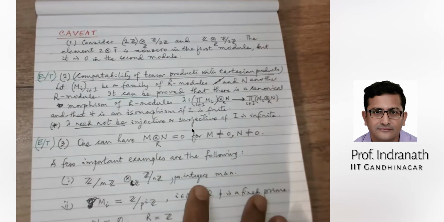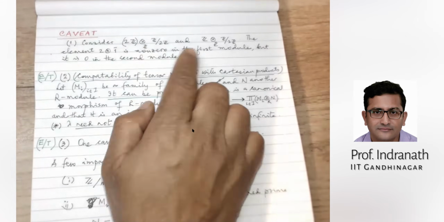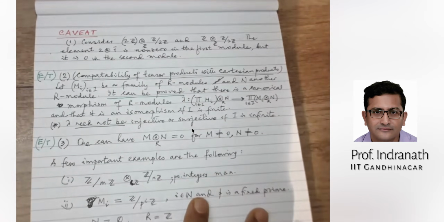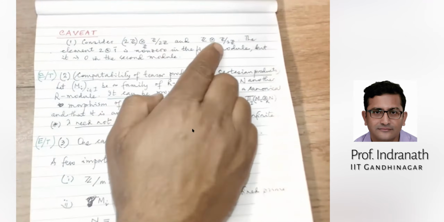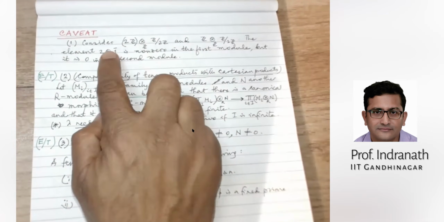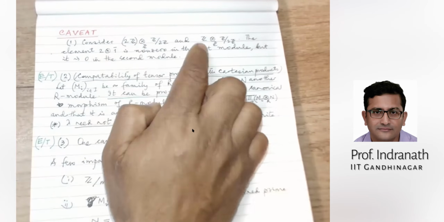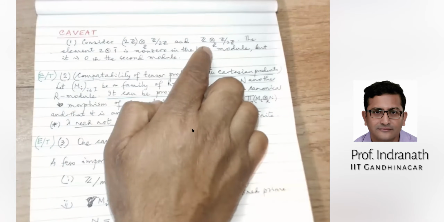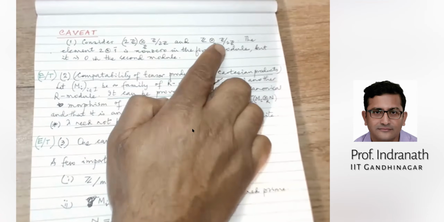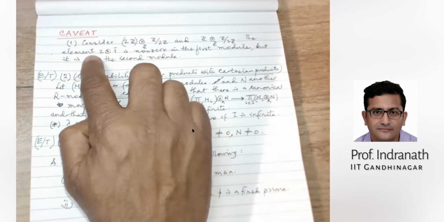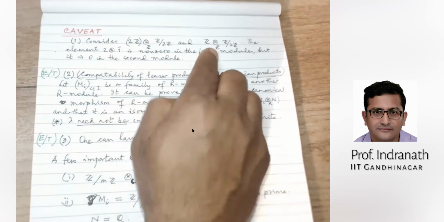So a caveat, that means a word of caution. What is that? First of all, this is a very standard example. I'm pretty sure you have seen this: if you look at these two tensor products over Z, and if you look at this element and this element, they definitely are not the same, because of the bilinearity, you can take the 2 out and push it over here and it becomes 0.